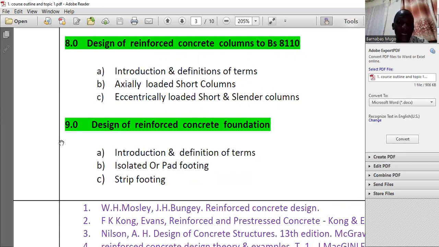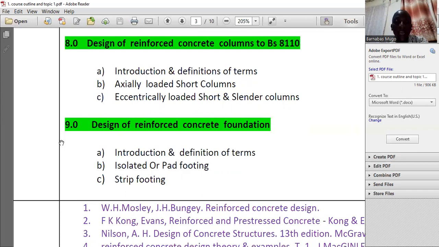Concentric loading is at the center, while eccentric loading is at another point which is not at the center.